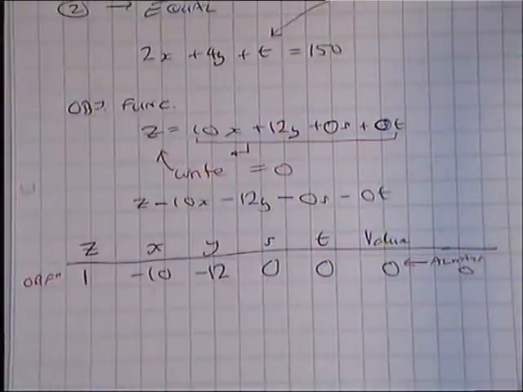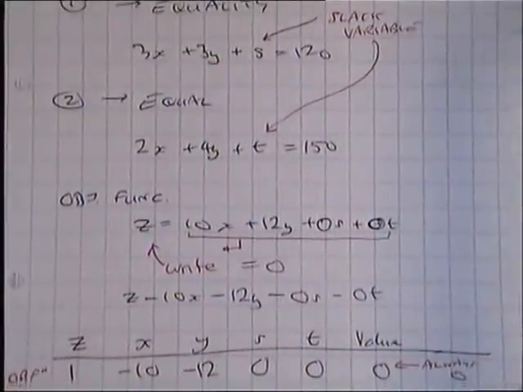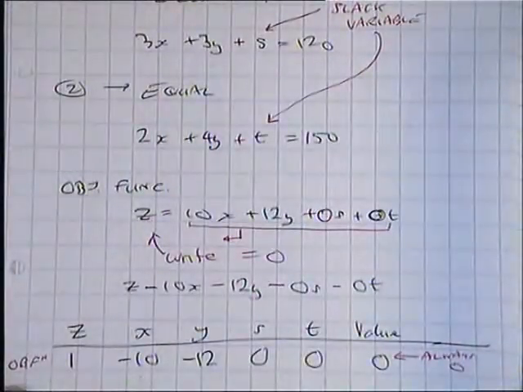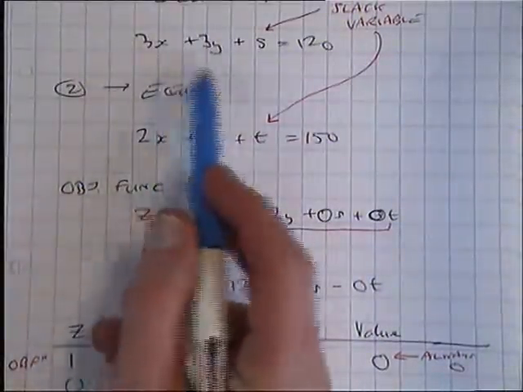The next thing we do is put our constraints in, but they're in their equality form. So if we look at the top of the board, there is our first equality. How many z's can you see in that? None. How many x's are there in that?